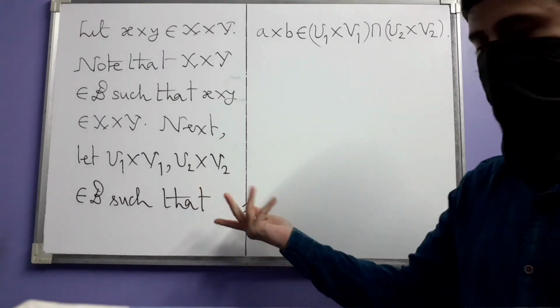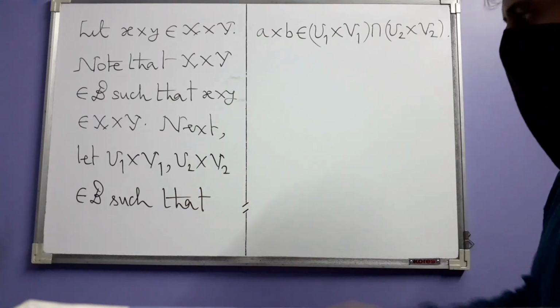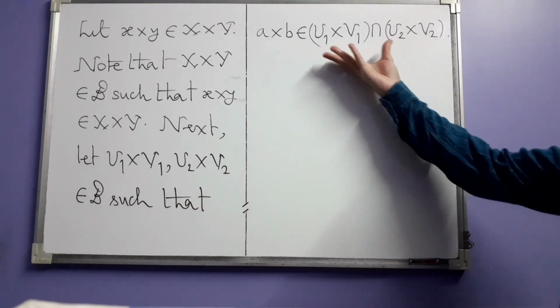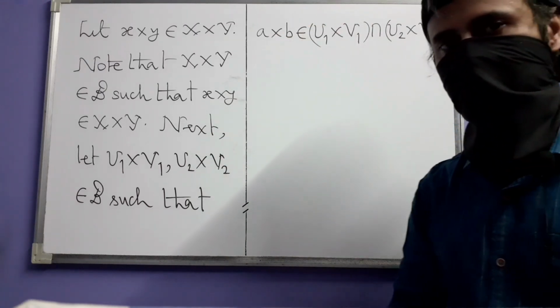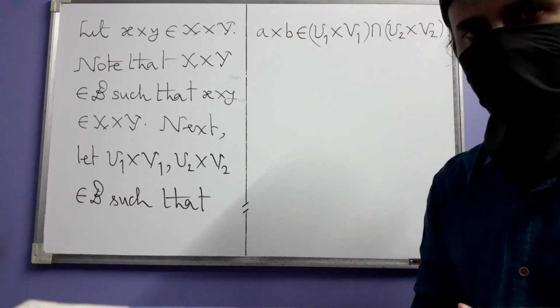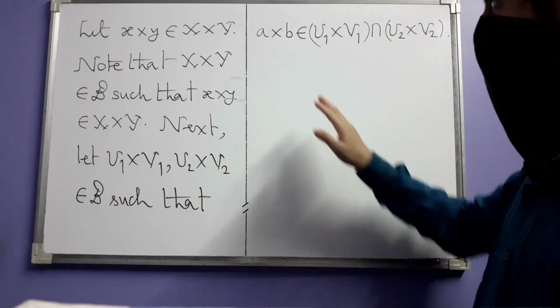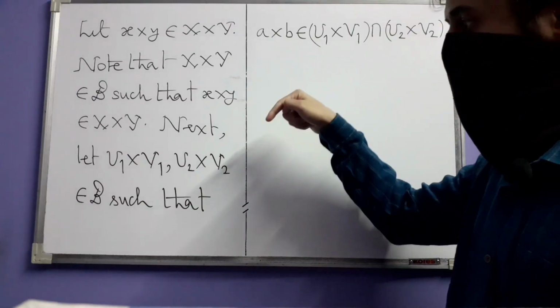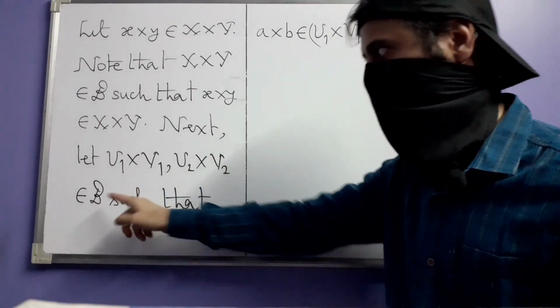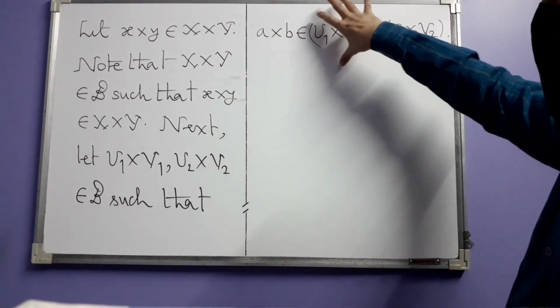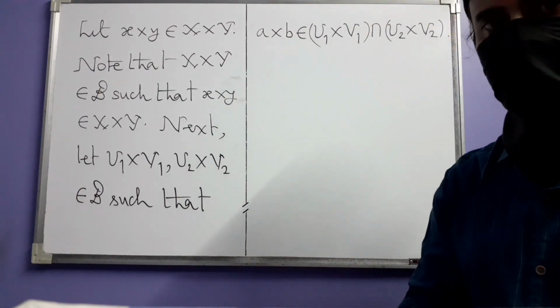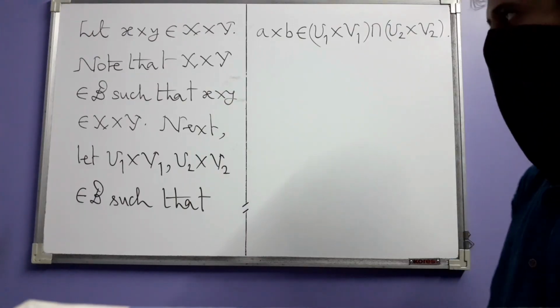If you want, you can write those things, but it is understood such that their intersection contains a point (a, b). What is it that we have to show here? We have to show that then there is a third element in B which would contain this point and which would itself be contained inside this intersection as a subset.